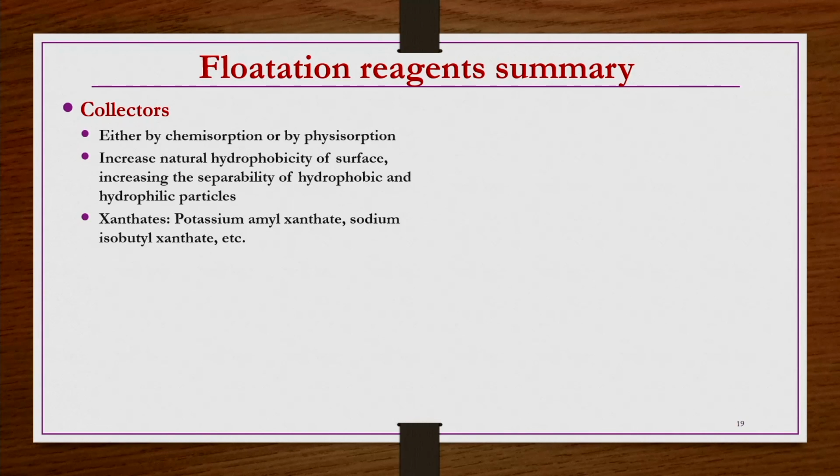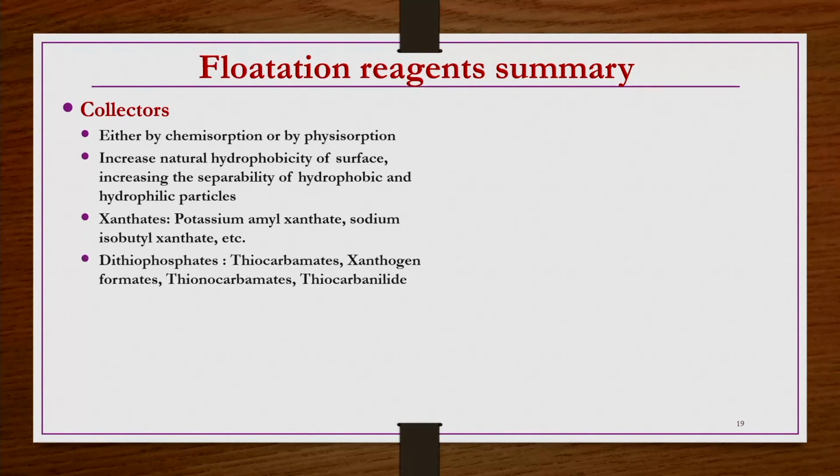Some types of collectors are xanthates; potassium amyl xanthate and sodium isobutyl xanthate are good collectors. Dithiophosphates are also good collectors, as are thiocarbamates, xanthogen formates, thionocarbamates, thiocarbanilides, etc.